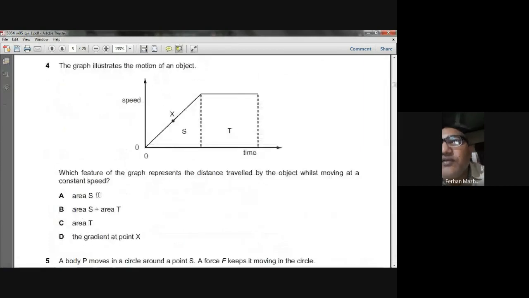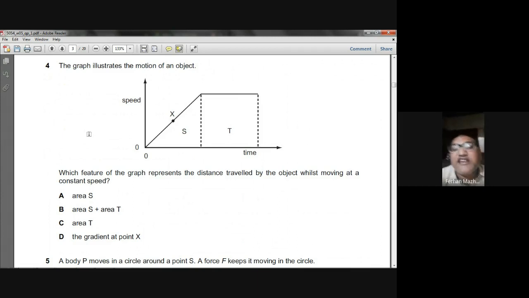Here we go. Question number 4. The graph illustrates the motion of an object. It's a speed-time graph. On the y-axis, the speed is represented. On the x-axis, the time is represented. Which feature of the graph represents the distance traveled by the object whilst moving at a constant speed?